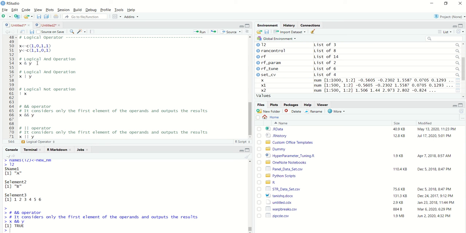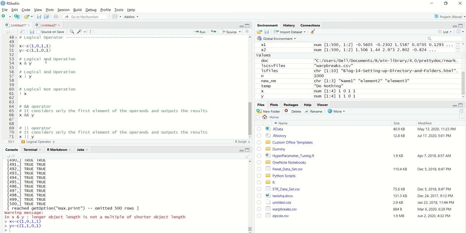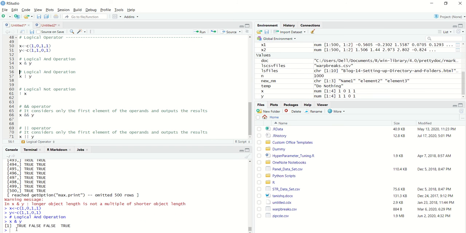When I do a logical AND operation, it is symbolically given by &, and it will be equal to true only when both the inputs are equal to 1. So if I execute this, the instances where both the inputs are equal to 1 are at the first and the fourth position.